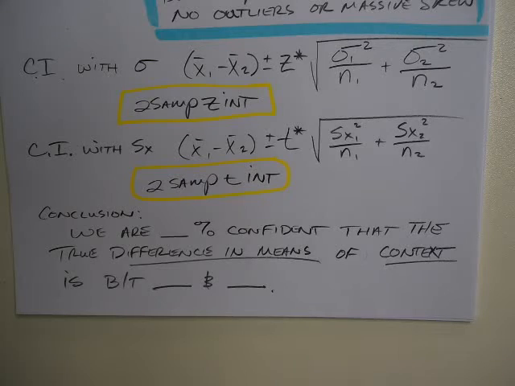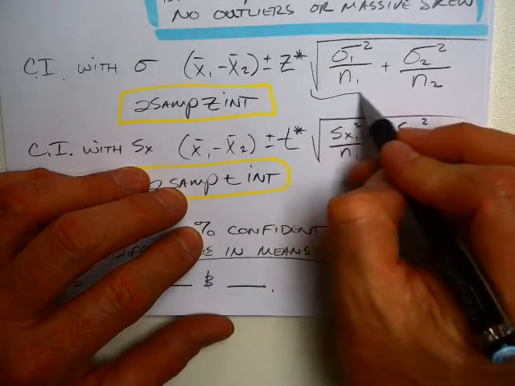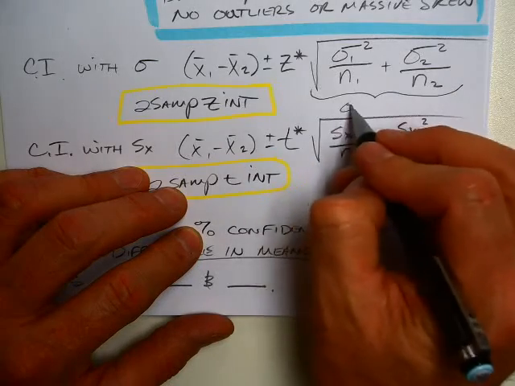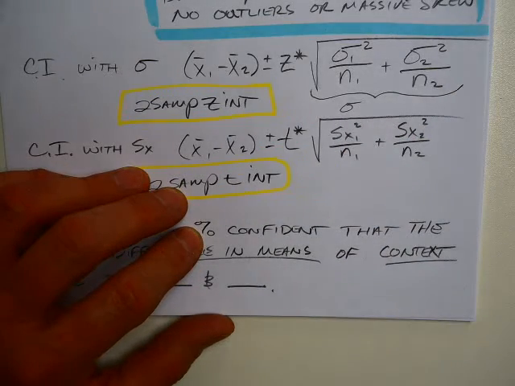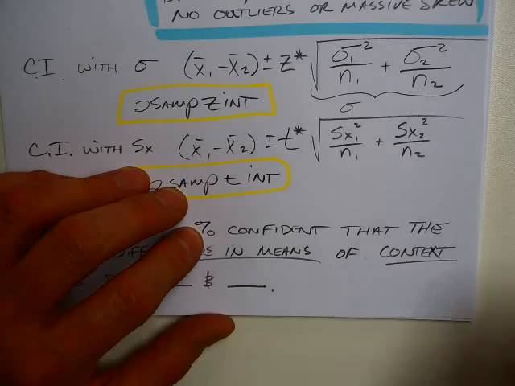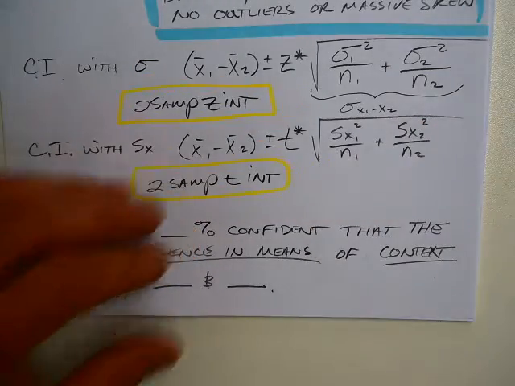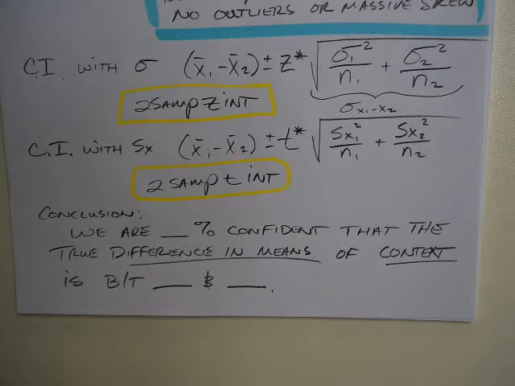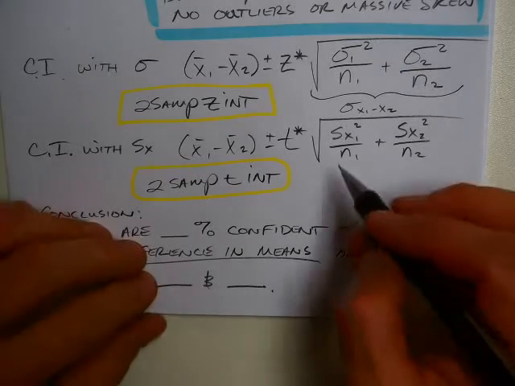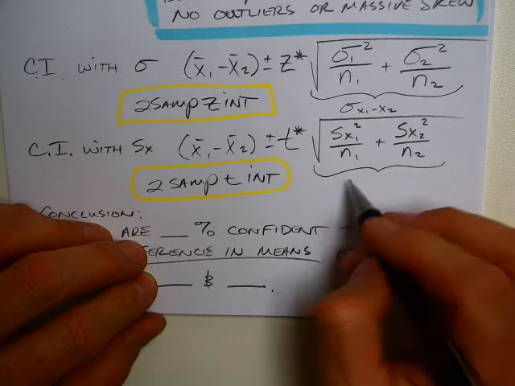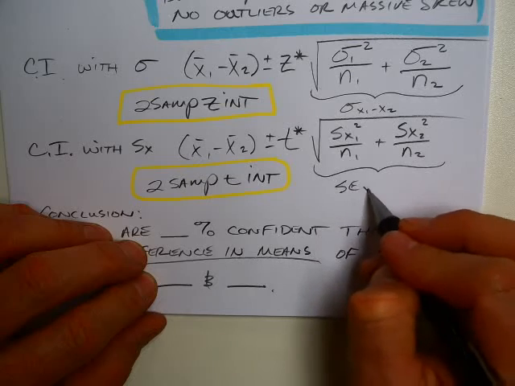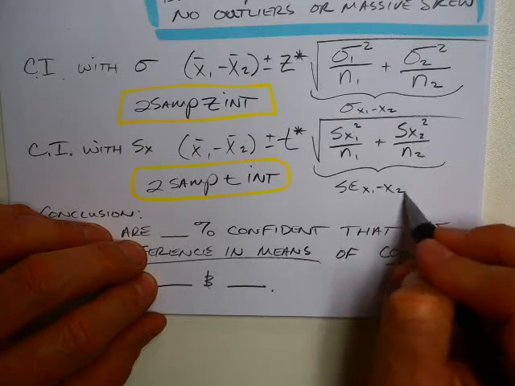They call this sigma x1 minus x2, and this one would be your standard error, x1 minus x2.